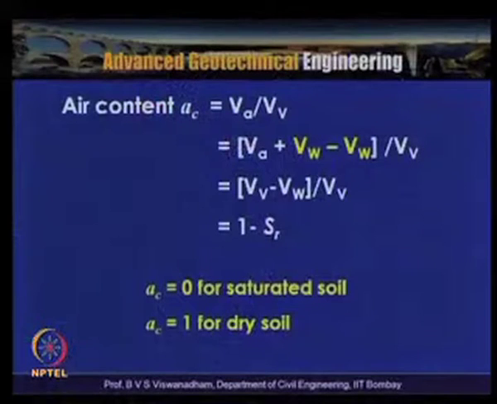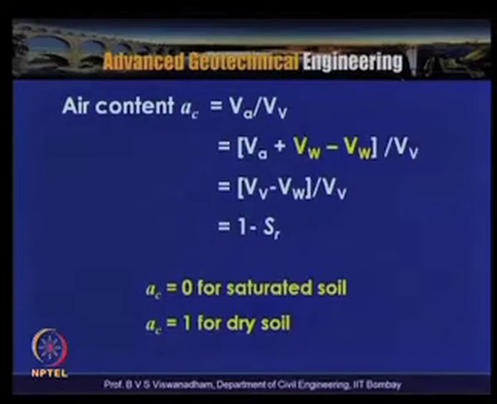Air content is indicated by AC, which is nothing but the ratio of volume of air to volume of voids. Degree of saturation we defined as volume of water to volume of voids. Here the air content is nothing but volume of air in volume of voids.